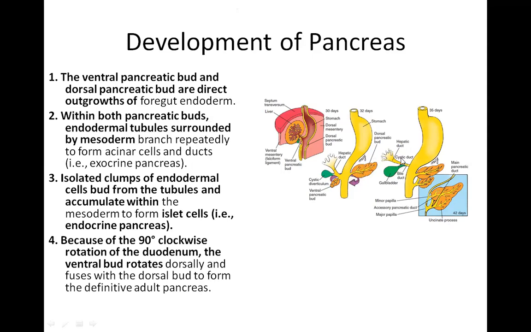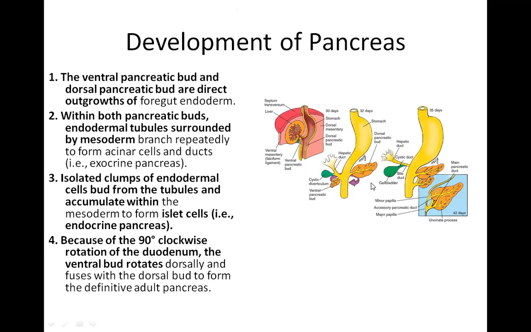Both pancreatic buds are endodermal tubules surrounded by mesoderm, which branch repeatedly to form the acinar cells and the ducts. So acinar cells and ducts are endodermal in origin. The stroma is mesodermal in origin since they are developing into the mesenteries.